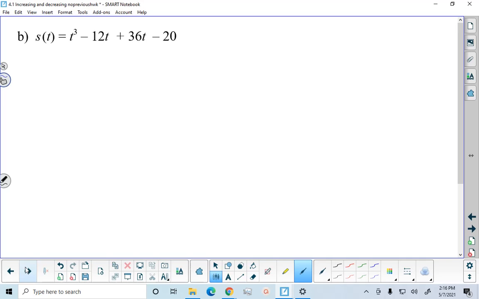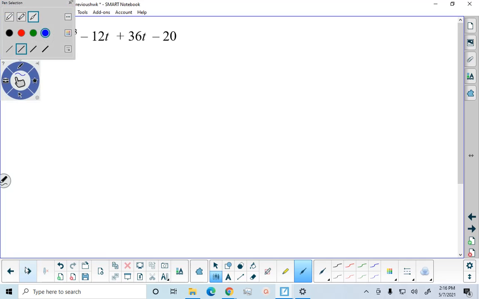So s of t equals t cubed minus 12t squared plus 36t minus 20. We want to find out where the function is increasing and where the function is decreasing.